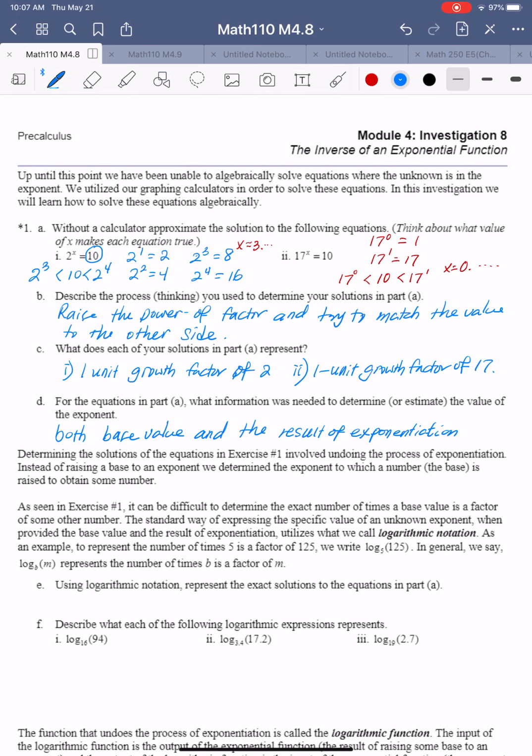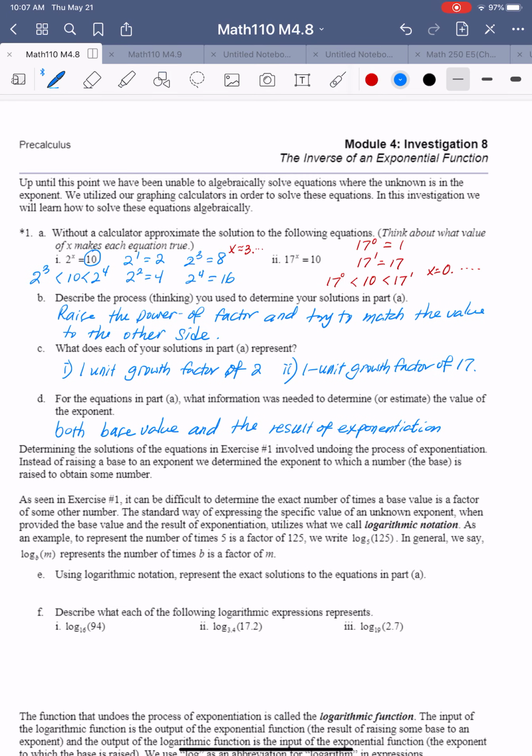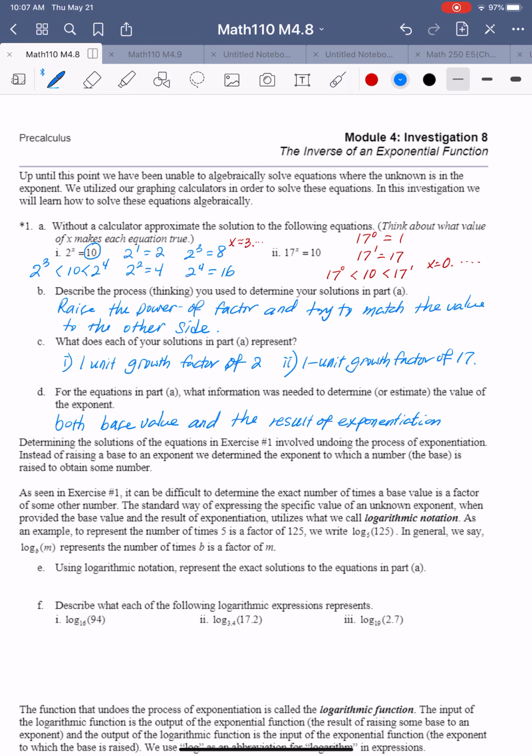Determining the solution of the equations in exercise 1 involves undoing the process of exponentiation. Instead of raising a base to an exponent, we determine the exponent to which a base is raised to obtain some number.